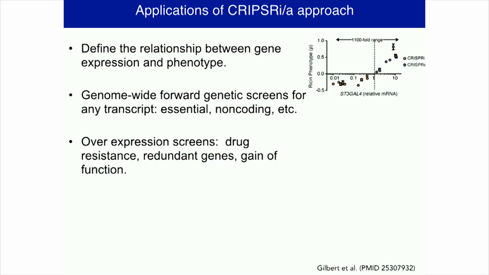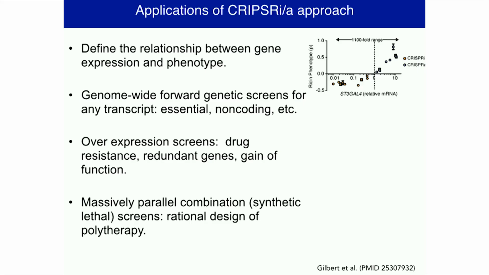And then the others are for redundant genes. And then finally, in the same way that we can do this with single or double knockouts in yeast, it's conceptually very straightforward, and now experimentally fairly straightforward, to do combinations of two and even potentially higher combinations, to knock down combinations of genes in a programmed way and do these types of massively parallel combinations.